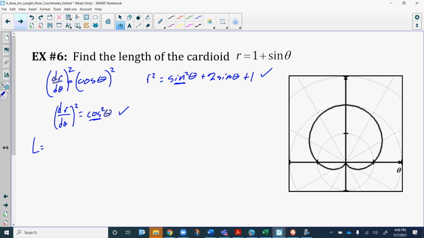L is the square root of r squared plus the derivative of r squared: sine squared of theta plus, and here's the derivative, cosine squared of theta plus the rest of the r squared term, plus 2 sine of theta plus 1, d theta. The reason I put those two together is that they simplify to 1 because of our trig identity.